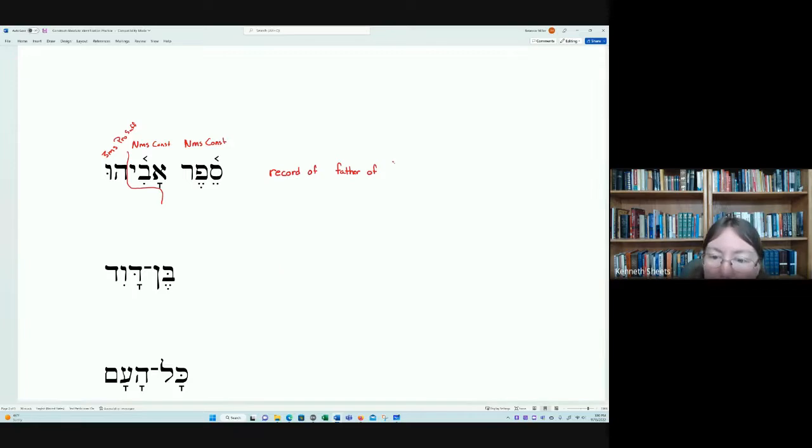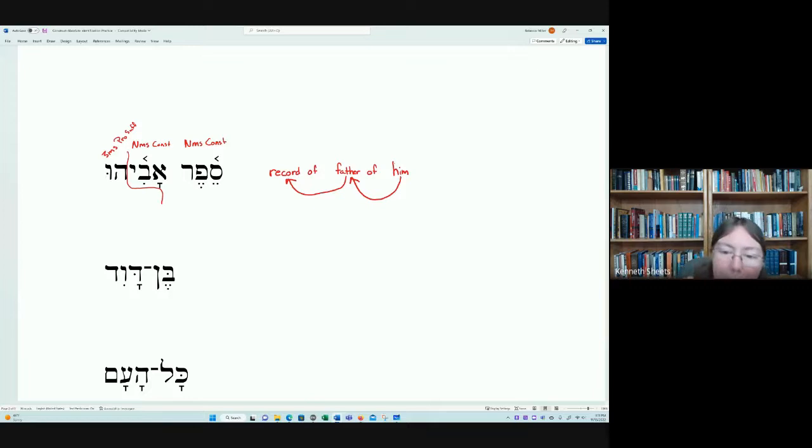We would say him. So my first construct, sefer, is going to be made definite or indefinite by its modifier, its genitive, that would be father of. But father of is in the construct, and so it will be made definite or indefinite by its absolute, which in this case is the pronominal suffix. So him is a pronoun. Remember what we said. An absolute noun is definite if it has the article, if it is a proper name, or if it is a pronoun.